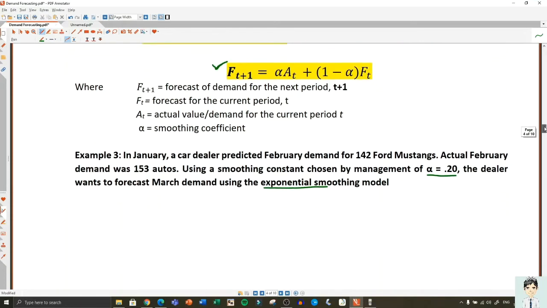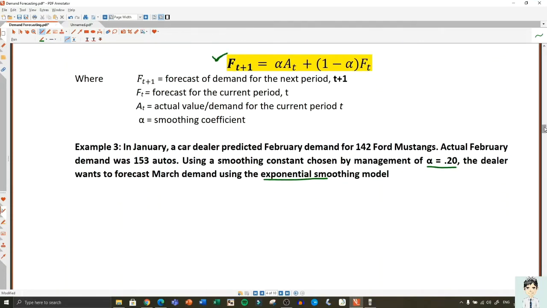So, ang given natin, yung forecast, diba, for the month of February, FT February is equal to what?